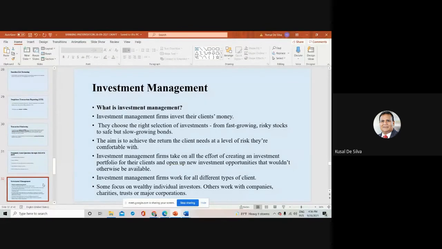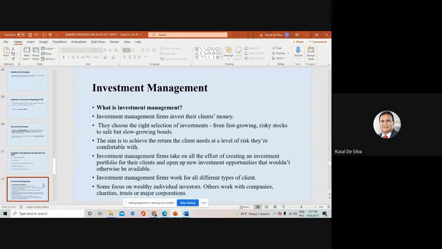It will create different yield profiles with different maturities, and create different opportunities. Otherwise, as an individual, that client may not be able to get it.